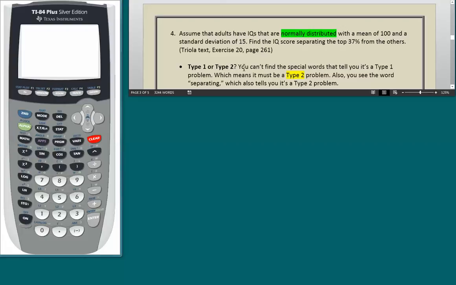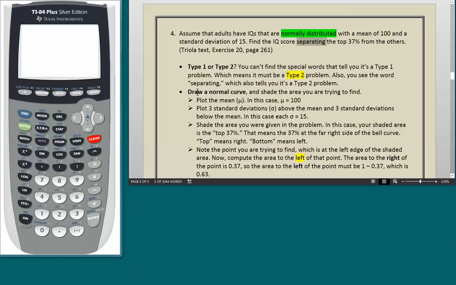Well, the way we do that is we look for these words that say find the percentage or what is the probability, something like that. We can't find those words here. And because they're not here, that means it's a type 2 problem. Also, we see the word separating. See it right there? That also tells us that it's a type 2 problem.